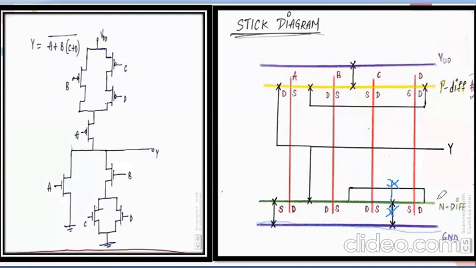For N diffusion I used green color, and for P diffusion I used yellow color. Since I have 4 inputs, I drew 4 polysilicon layers: 1, 2, 3, and 4.